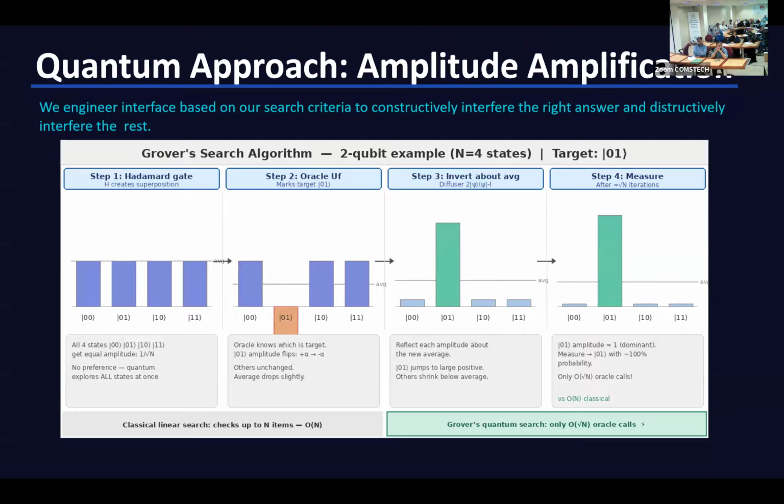So we have a limit up to which we apply the inversion. That is the third step, basically: inverting around the average. If we do more inversions, it will go towards the negative side rather than giving higher amplitude, because there is a limit after which there is no higher amplification, since other states also start to gain amplitude.